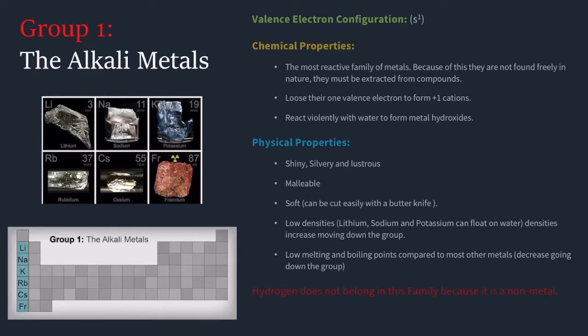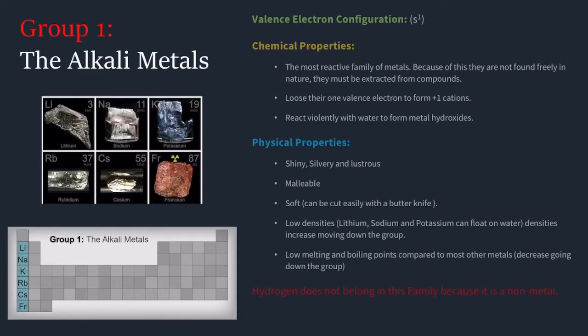And chemical properties of these metals are that they are the most reactive family of metals. So because of this, they're not really found freely in nature. They have to be extracted from compounds that they're found in. So we're not going to go on a walk and find a nugget of sodium. It's just too reactive. It won't exist by itself in nature.